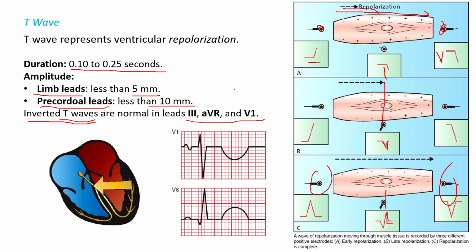Now, in case of the inverted waves, let's imagine the places of the leads. Let's start with lead 3 and aVR. Lead 3, we said, looks at the inferior heart, aVR is on the right side, and V1 is also on the right side, but it's a horizontal chest lead, be careful. And remember, the main vector of repolarization is in this direction, towards the left.